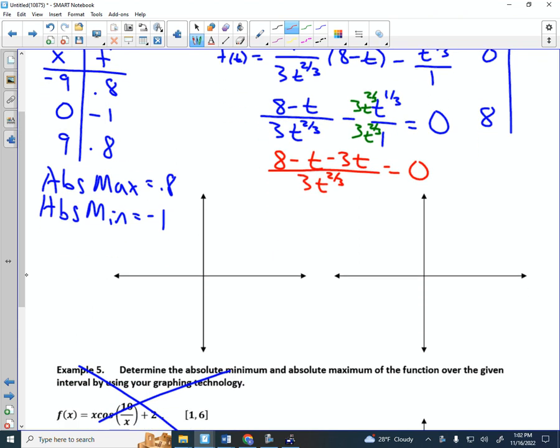What do I now have in the top? Over 3t to the 2/3. Where is the top equal to 0? At 2. Where is the bottom equal to 0? At 0. And we already have that.